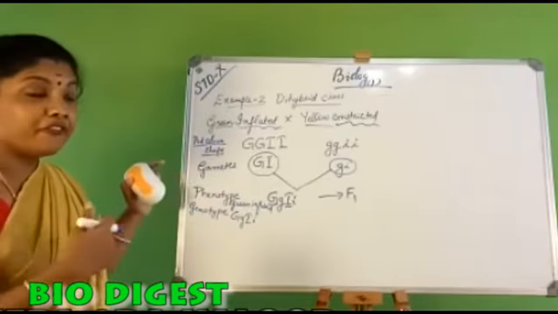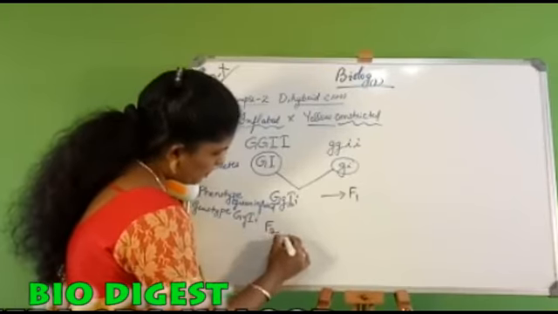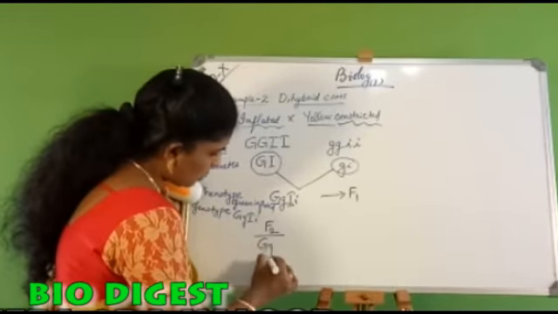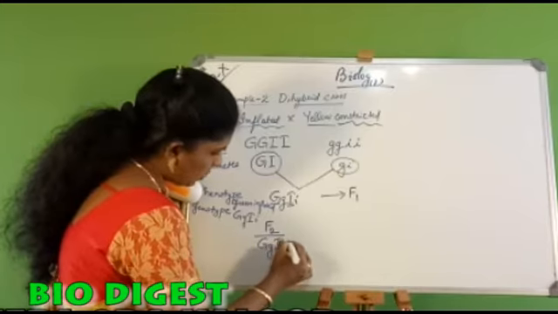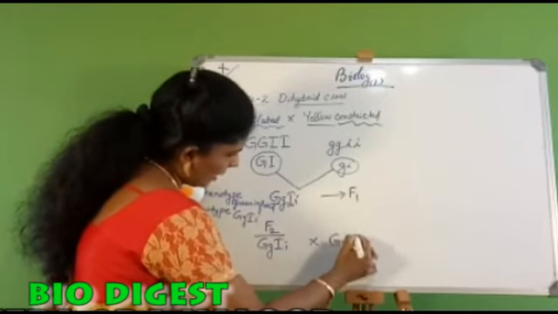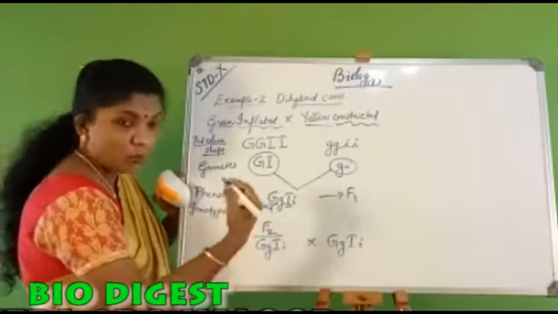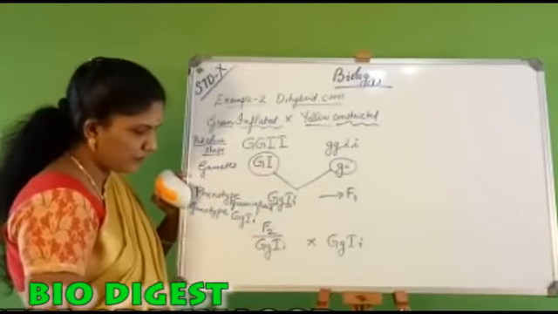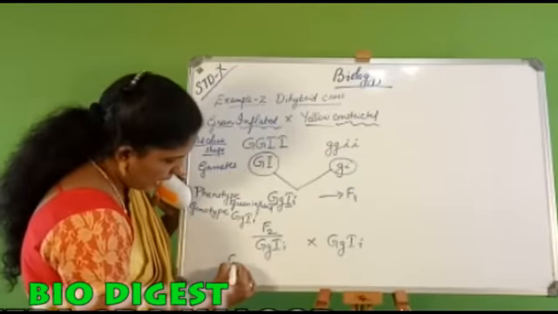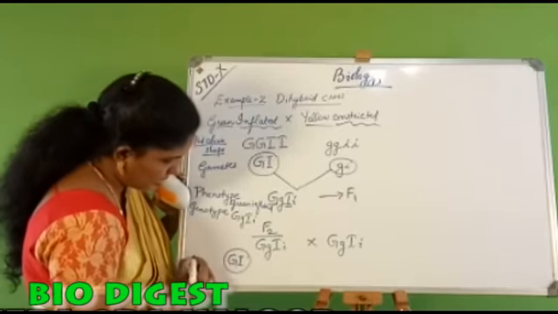Now moving to F2 generation. What you have to do in F2? Crossing this. Capital G, small g, capital I, small i, crossed with capital G, small g, capital I, small i. Okay, so what are the gametes produced? First we will concentrate on the capital G. Capital G will combine with capital I. This is one gamete.